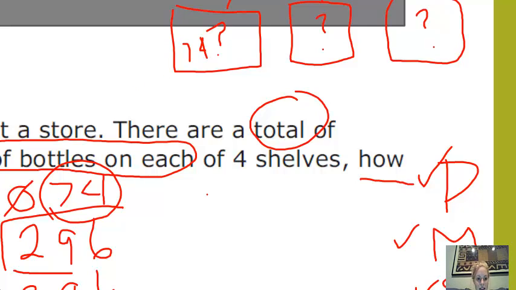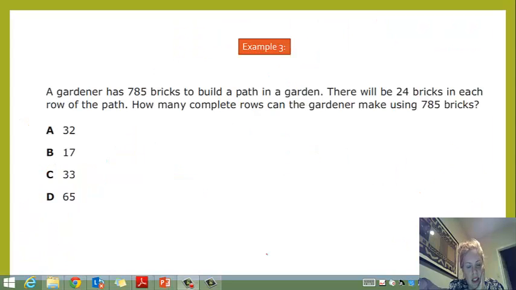Let's go ahead and see if you can. Let's see how you guys do on this practice. Please make sure to look out for some keywords.